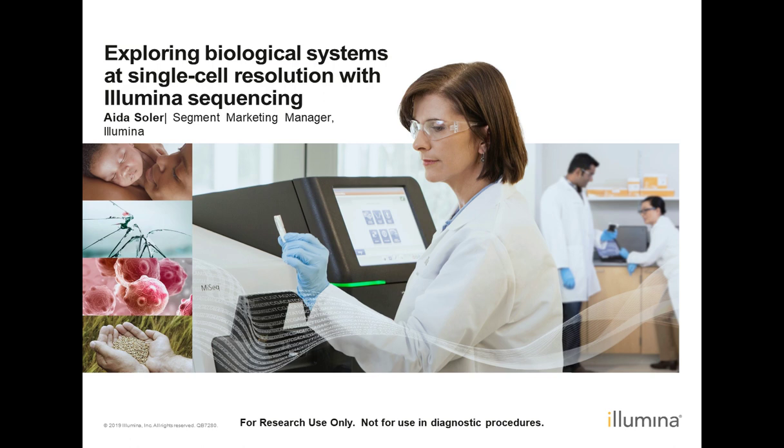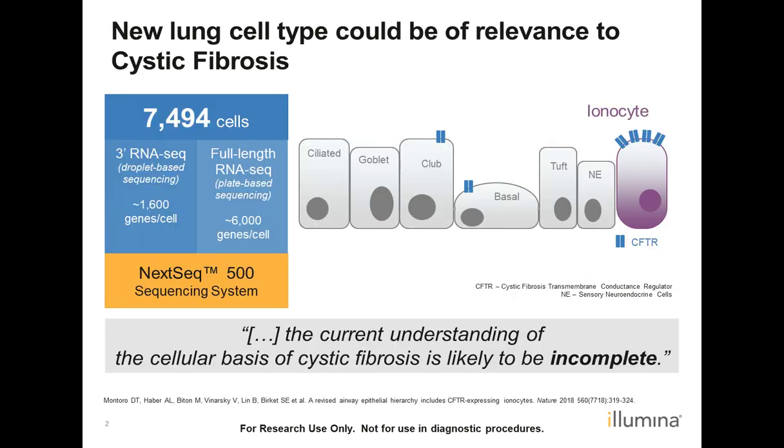Hello. Today, I would like to talk to you about exploring biological systems at single-cell resolution with Illumina sequencing technology. Let's start by jumping right into the science. This is an article from the single-cell space that has been attracting quite a bit of attention. It is a joint effort between the Broad and the Massachusetts General Hospital.